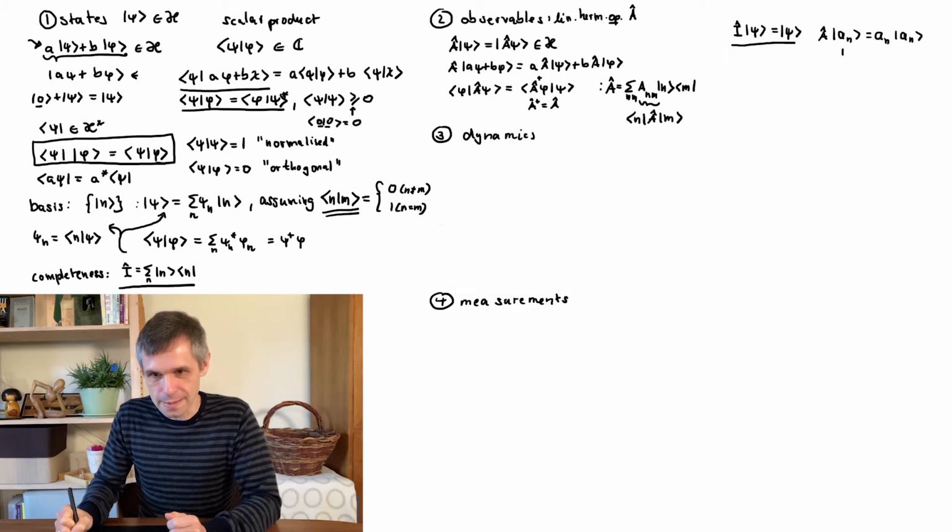These particular states, which are special for any kind of operator, are called the eigenvectors or eigenstates in a physical context. And these numbers here are called the eigenvalues.